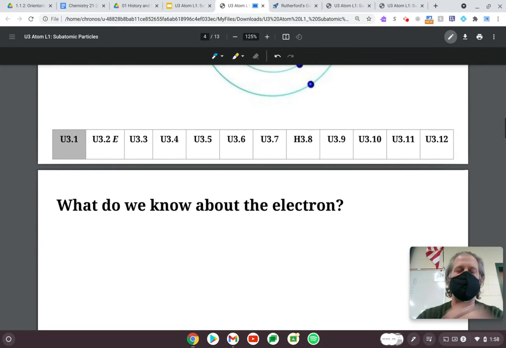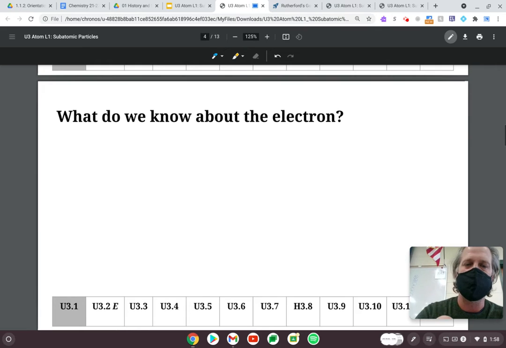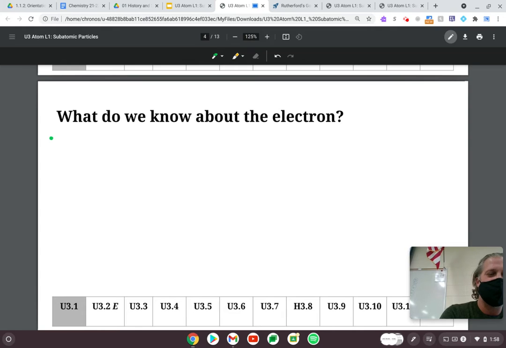So I want you to take a second to tell me what you know about electrons. Because I know some of you know something. Anybody know anything about an electron? Does an electron have a charge? Do we know what the charge of the electron is? There you go. Thanks for playing.